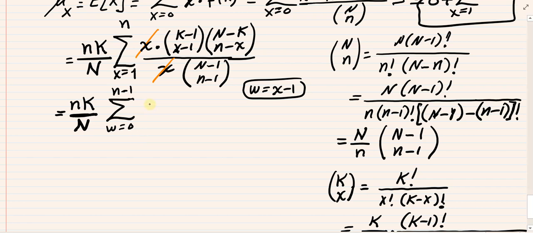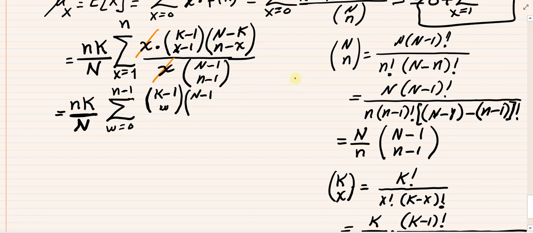And what do I need to do in the numerator now? So that's going to be k minus 1, right? And instead of x minus 1, I have my new variable, call it w, right? And then I can write the n minus k as n minus 1 minus k plus 1.